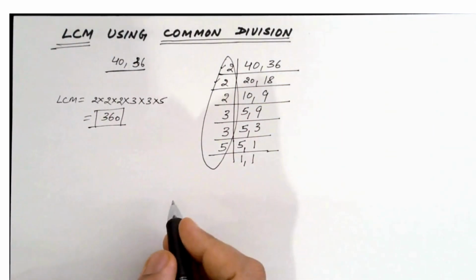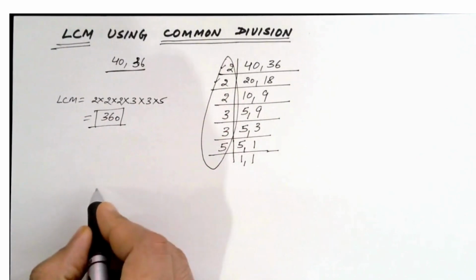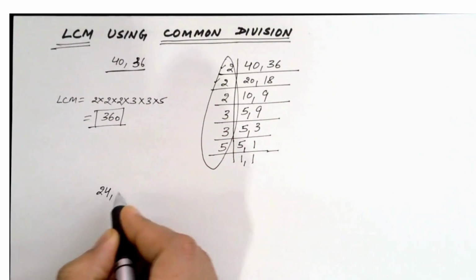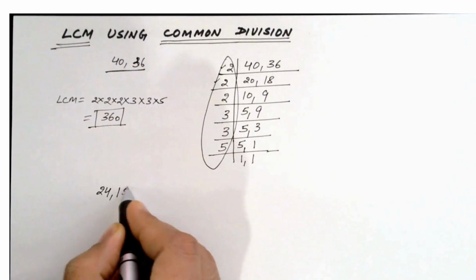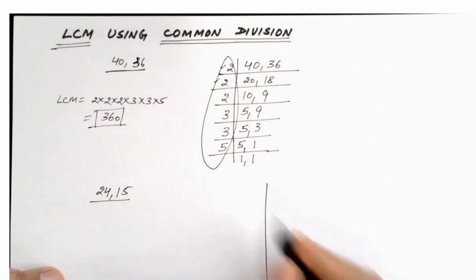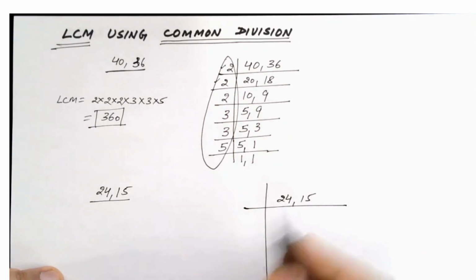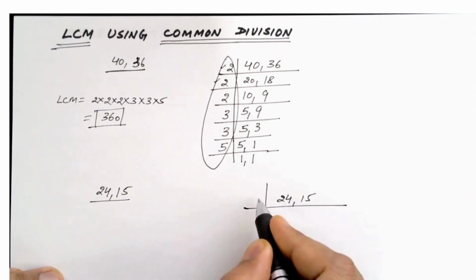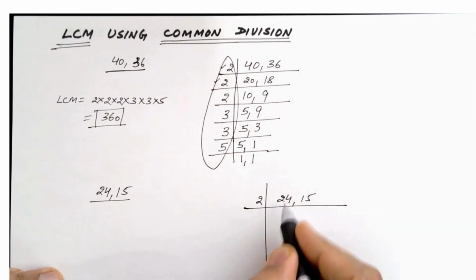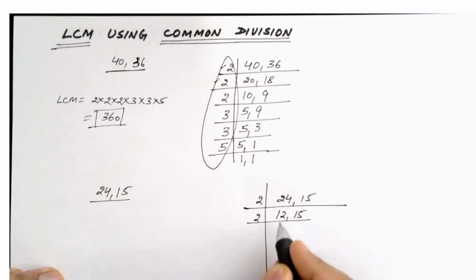The same way we can use this method to find the LCM of the earlier example, 24 and 15. Let's start again. We have 24 and 15. Start with the lowest prime number, which is 2. It can divide 24 but cannot divide 15. Next is 2, it can divide 12 but cannot divide 15. Again 2, it can divide 6 but not 15.